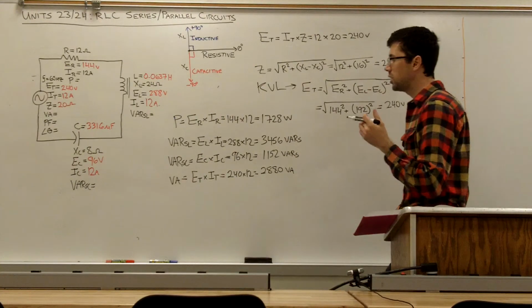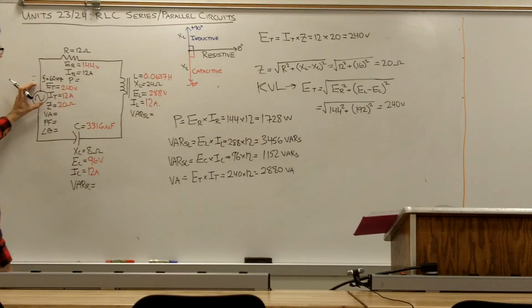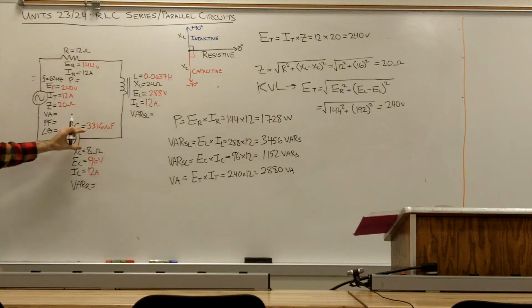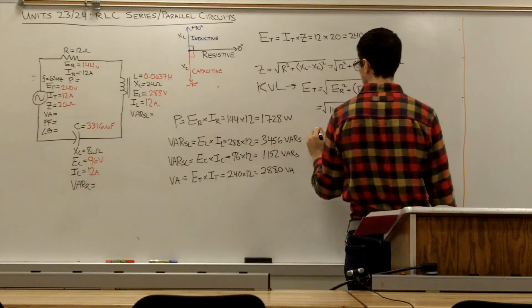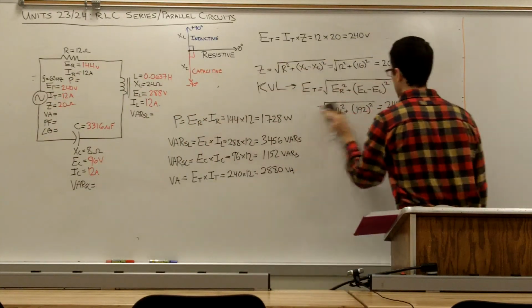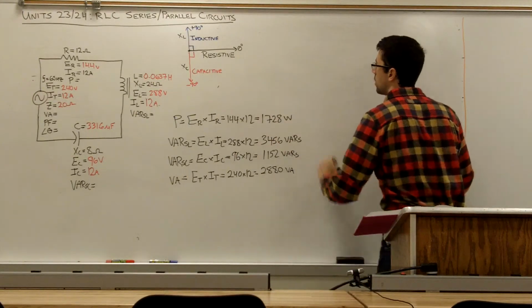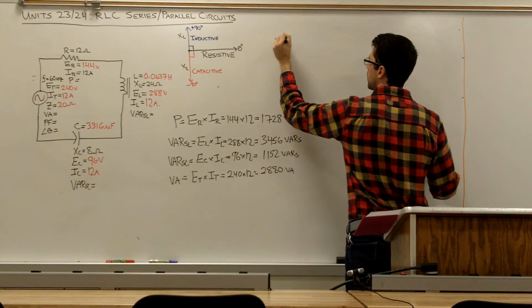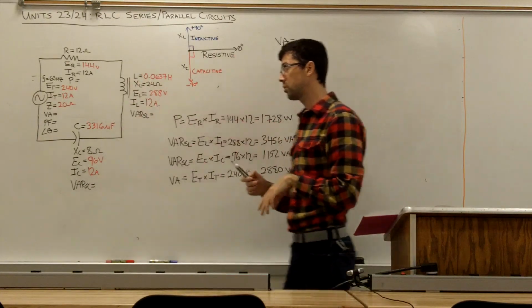Let's check. The law of conservation of energy states that the total power being supplied by the circuit should be equal to the powers being consumed by each individual component. So that means the apparent power should be equal to the sum of all the powers across each component.